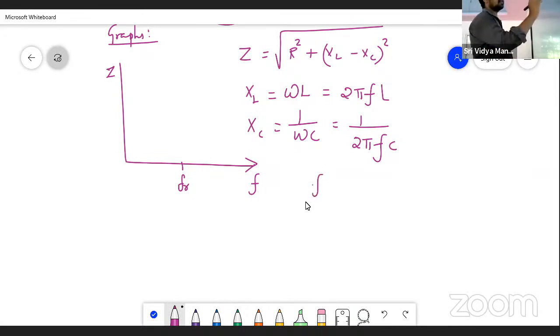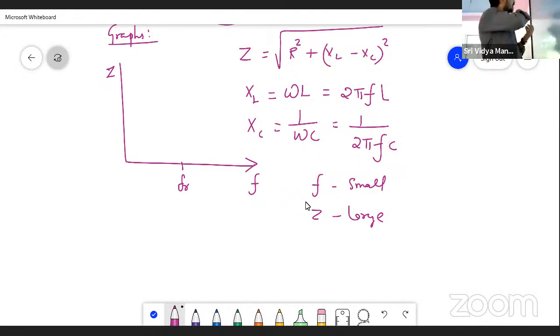If the frequency is small, what happens? Impedance is large, because X is inversely proportional to F. After attaining the resonance frequency, XL is equal to XC, the overall impedance Z is minimum, and the current is maximum.